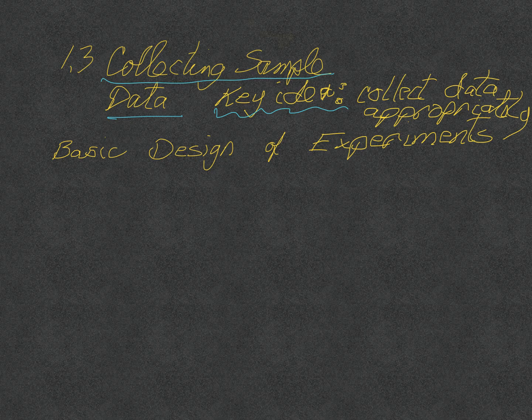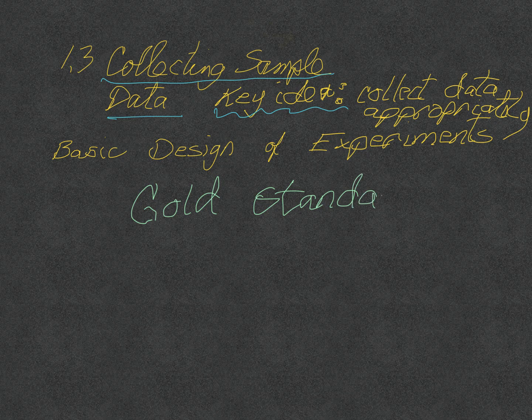Now, there is something called the gold standard when you design what's called an experiment. Now, an experiment is where you have randomly selected subjects that you're studying, however, whatever the randomness is. You're studying wolves in the wild, or you're studying medical treatment for people. You have some kind of randomly selected subjects.